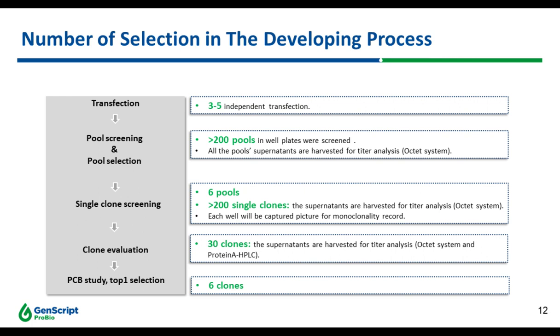From these 200 single clones, you select based on their expression titer to get the top 30 clones, and then you select the top 6 clones.